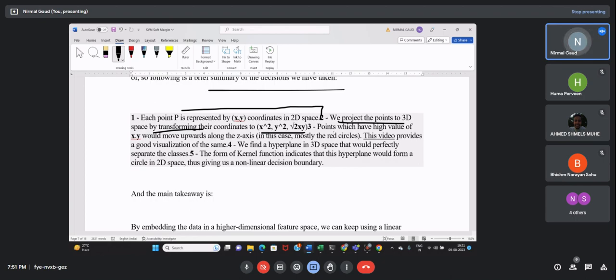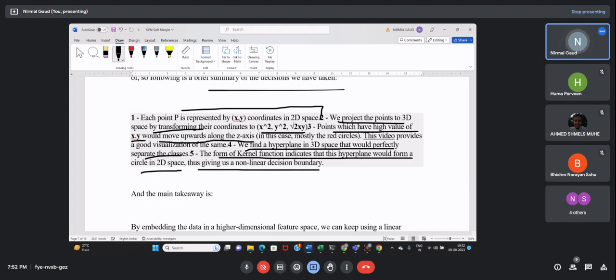Points which have a high value of x dot y would move upward along the z axis. And we are going to find the hyperplane in 3D space that will perfectly separate the classes. The kernel function indicates the hyperplane would form in 2D space, a circle in 2D space, which gives us a non-linear decision boundary. So this transformation is going to create your non-linear decision boundary.